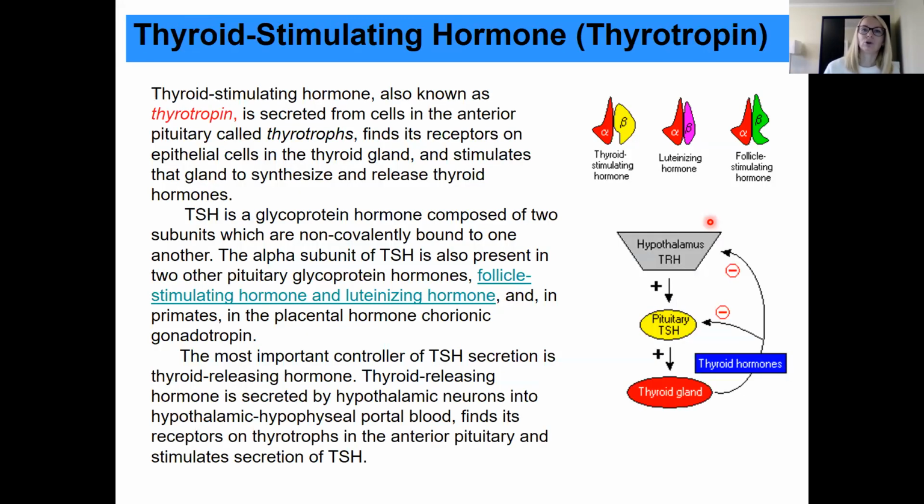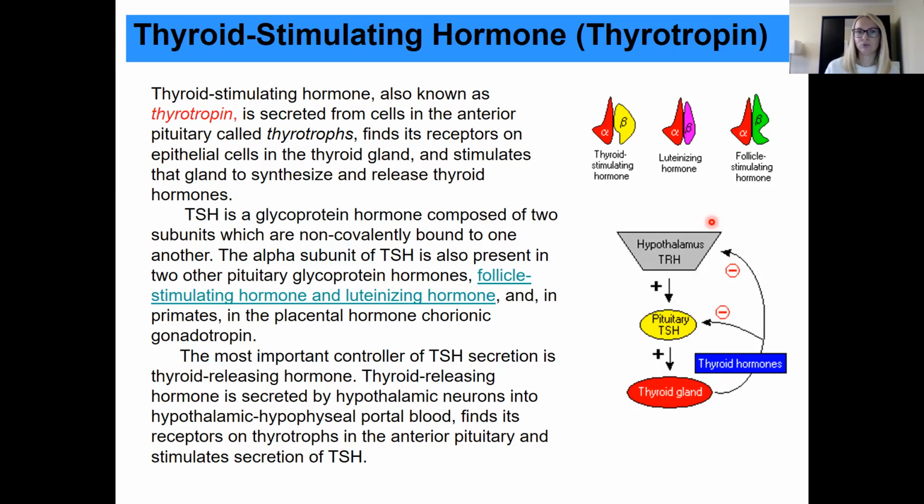Next hormone is thyroid stimulating hormone, which is also known as thyrotropin, secreted from the anterior pituitary cells called thyrotrophs. It finds its receptors on epithelial cells in the thyroid gland and stimulates that gland to synthesize and release thyroid hormones. Thyroid stimulating hormone is a glycoprotein hormone composed of two subunits which are non-covalently bound to one another.